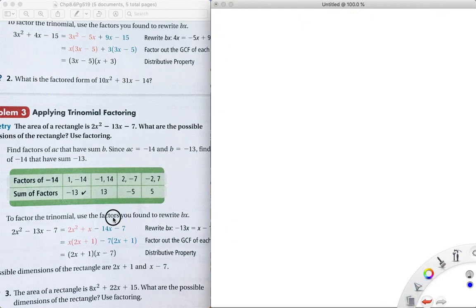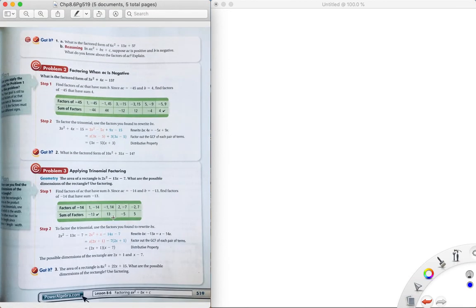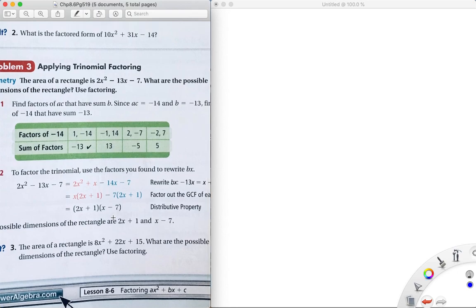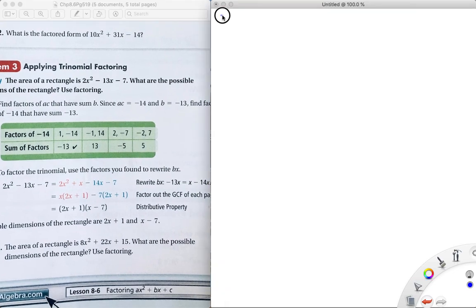Okay. They give me another example. We're going to do 2 more, maybe 1 more, and we'll be done. They want the dimensions, and they want us to use factoring of 8x squared plus 22x plus 15.